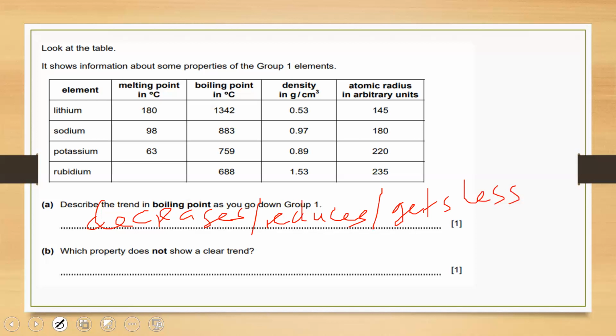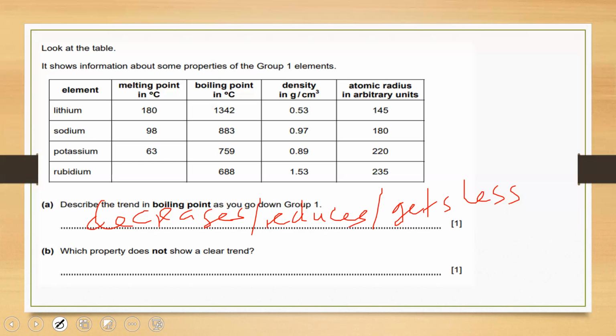Which property does not show a clear trend? I've mentioned melting point initially, that it reduces as we go down the group. Let's look at density. 0.53, that is an increase, then it decreases again, then it increases again. Let's look at the atomic radius, 145, 180, 220.